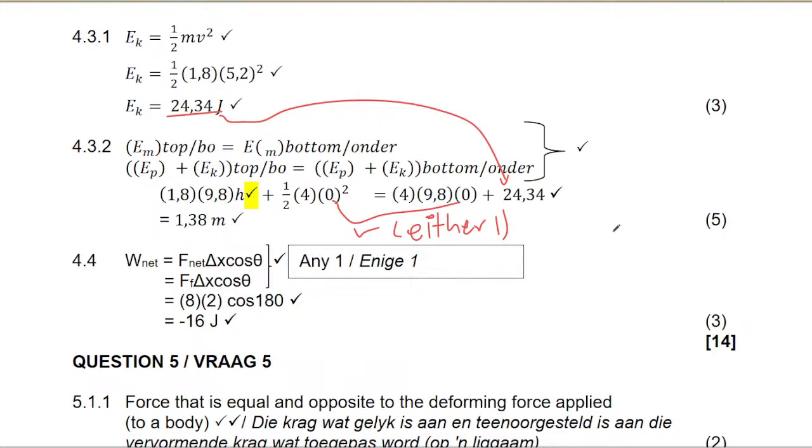No, I think we should include the positive marking, because this is an extra mark actually. We were not supposed to award that mark, because the learner calculated that, and it was awarded in 4.3.1. So just for the benefit of the learners, we can include the positive marking so that all the learners get that 1 mark.